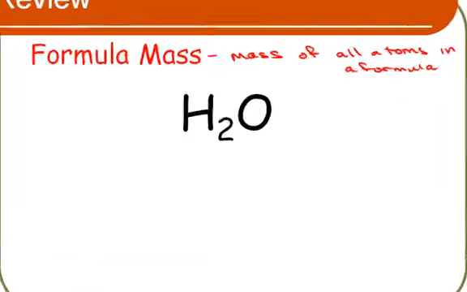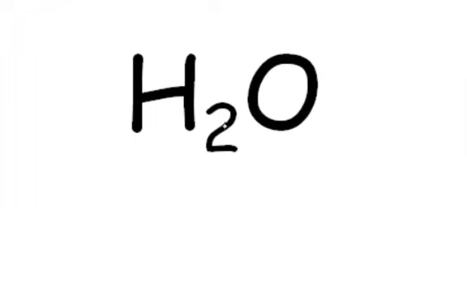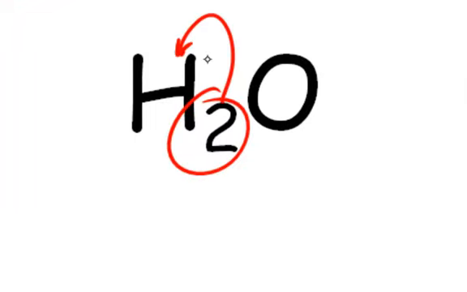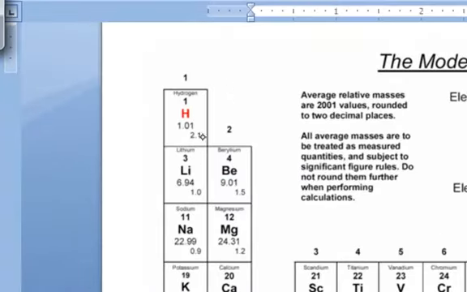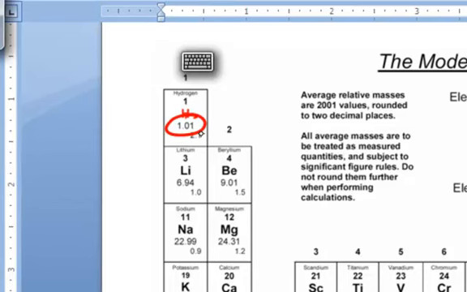Formula mass is simply the mass of all the atoms in a formula. So if we look at water, the 2 tells us that there are 2 hydrogens. So if we look at our periodic table, and we find hydrogen, hydrogen has a mass of 1.01 AMU.